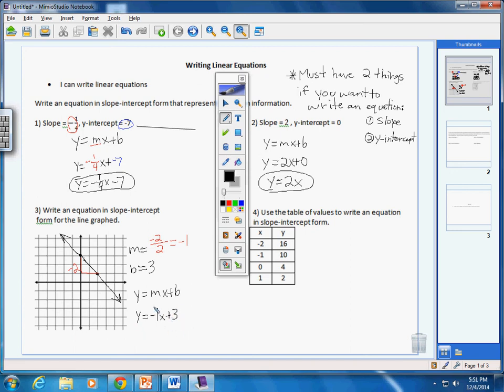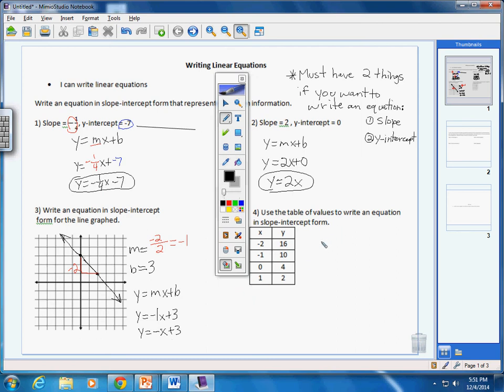Once again, you don't have to write this 1 here. A lot of times you'll just see this written as y equals negative x plus 3. Okay, it's implied that there's a 1 right here because there's only one x. So, or in this case, there's negative 1x. So either one of these is correct. We're moving right along, so let's go on to number 4.